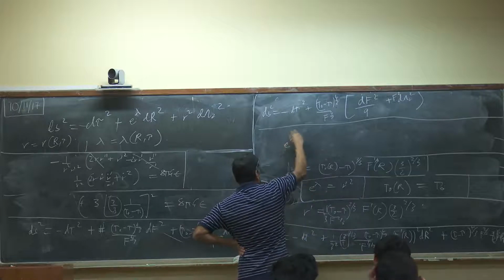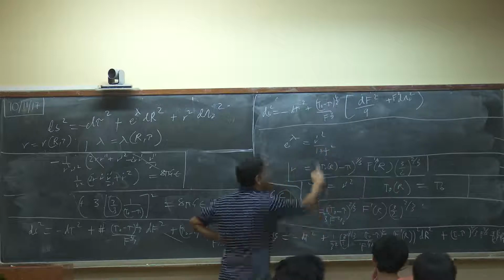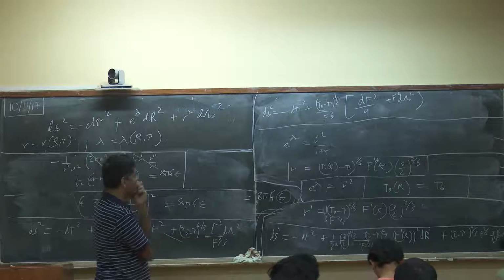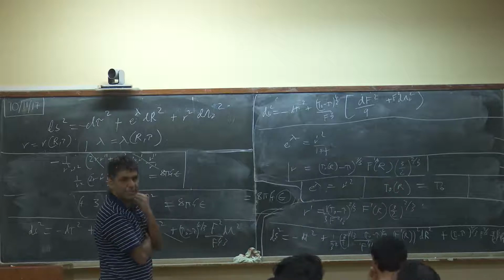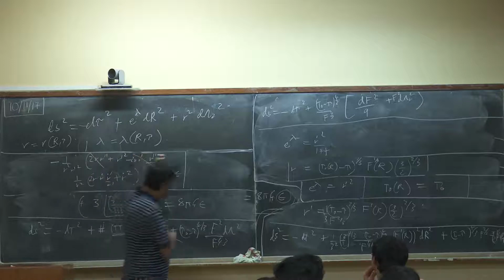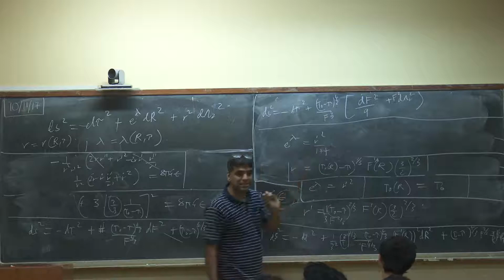We had e to the power lambda is equal to r prime squared over 1 plus f. So you are right that if I change coordinates, that changes little f, because that just changes r prime squared.